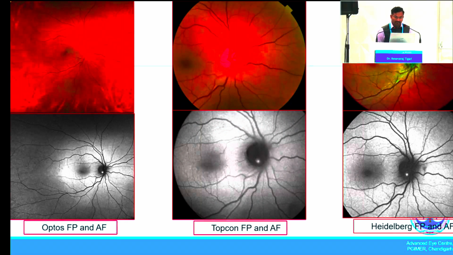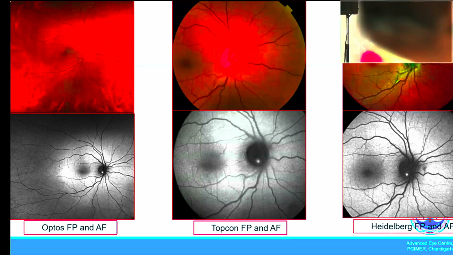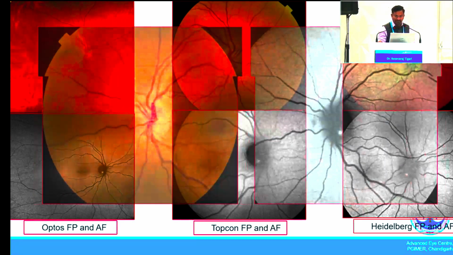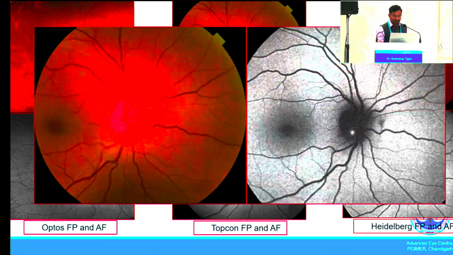In this study, the Optos imaging system, Topcon and Heidelberg imaging systems were employed for fundus pictures and fundus autofluorescence. All of them have their own limitations. Among these, Topcon fundus picture and Heidelberg fundus autofluorescence have their edge in the diagnosis of optic nerve drusen.